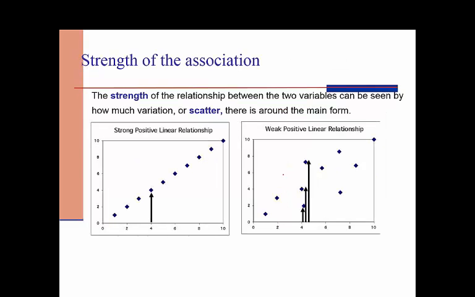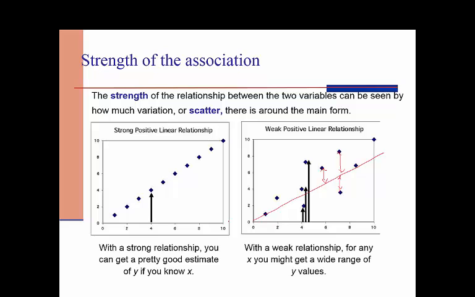You can have a strong positive linear relationship or a weak positive linear relationship, right? So if you try to fit this with a line, you'll see there are lots of gaps between the line and the actual data points. Okay, so with a strong relationship, when you use your model, you'll get a good prediction.